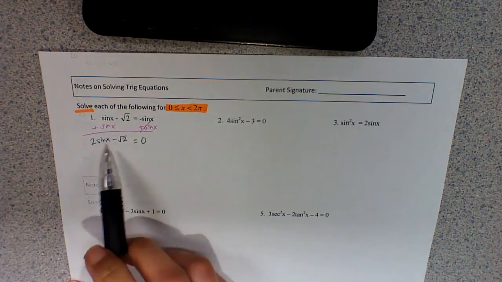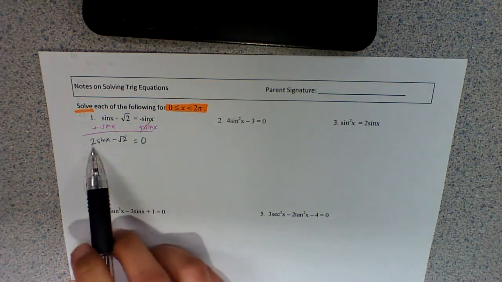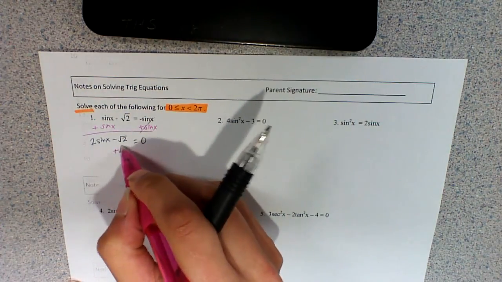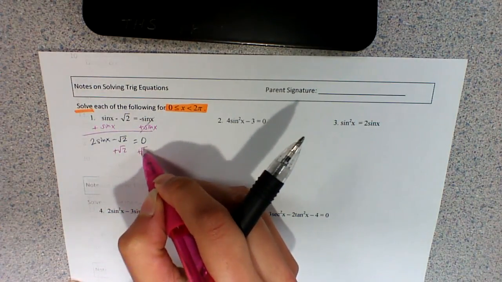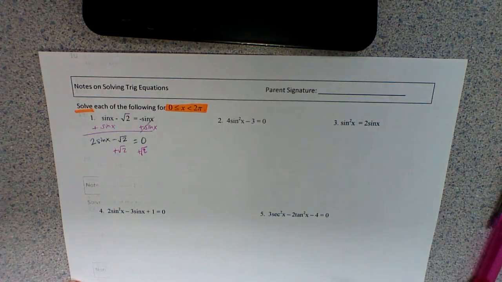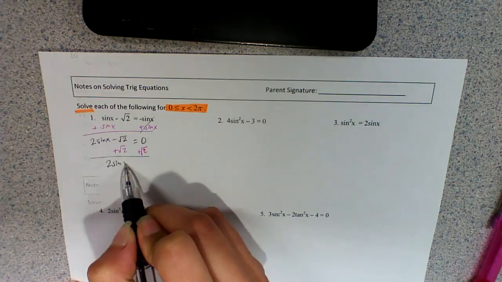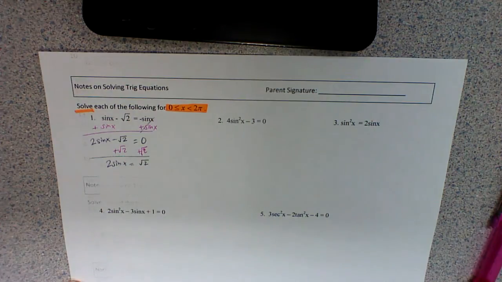Now, of course, I do want to get x by itself, so I need to first get these numbers out of there. So I'm going to now add square root of 2 on both sides. So now I have 2 sine of x equals square root of 2.